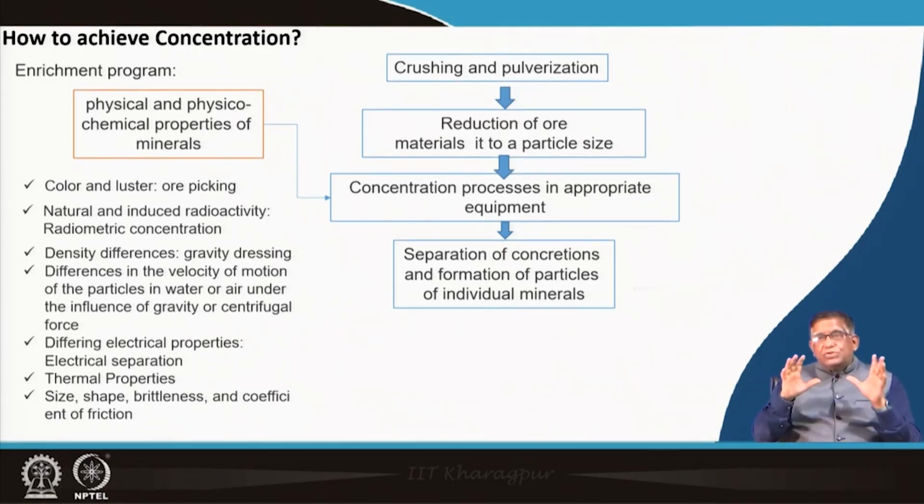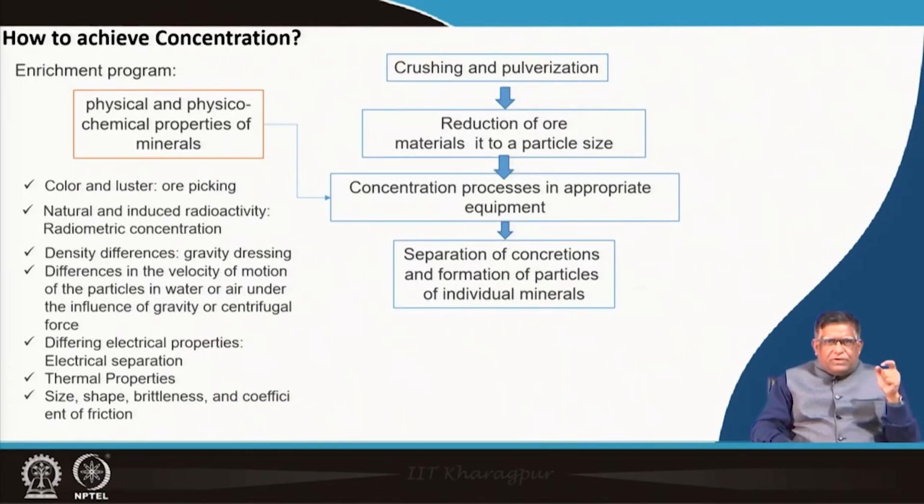Then the most widely used system is the density difference. This is a very, very important thing. All the elements, depending on their atomic number and mass number, and how exactly their total molecular weight and particle weight vary, will have varying density. That means every mineral has its own signature, that is density.